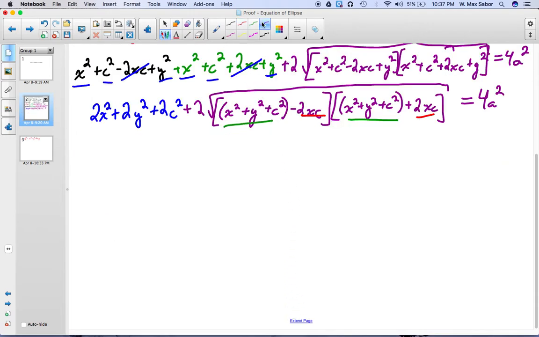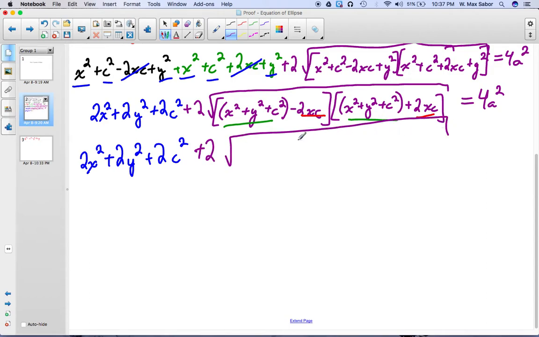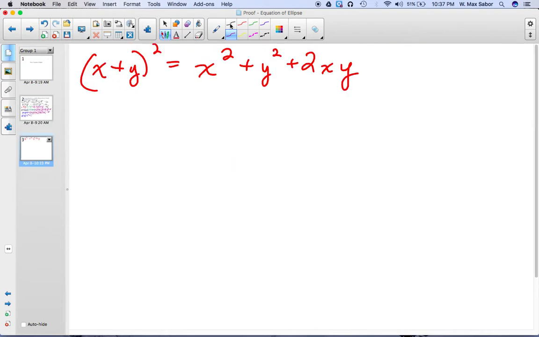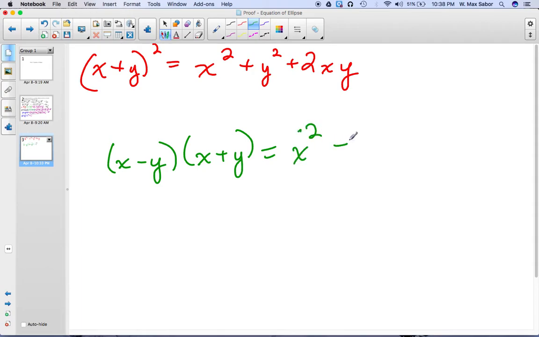So everything here stays the same: 2x squared plus 2y squared plus 2c squared. This is a difference of squares, so when we do a difference of squares, again, this is not that. Difference of squares is we have the same thing twice, one with addition, one with subtraction, and we end up with the first term squared minus the second term squared.